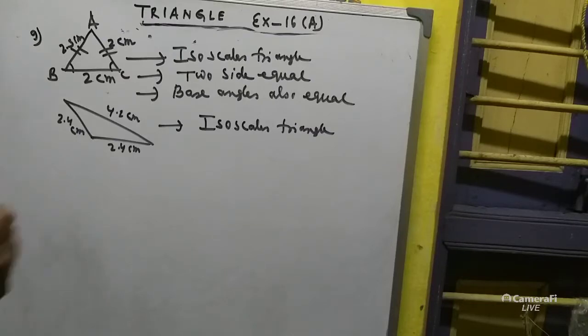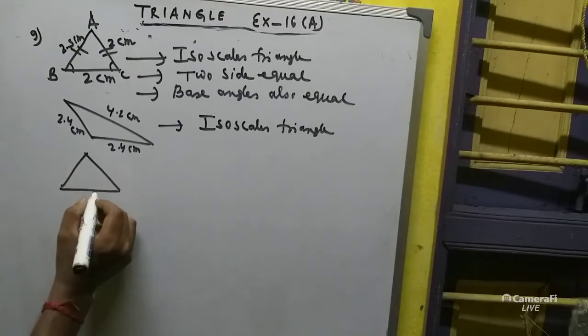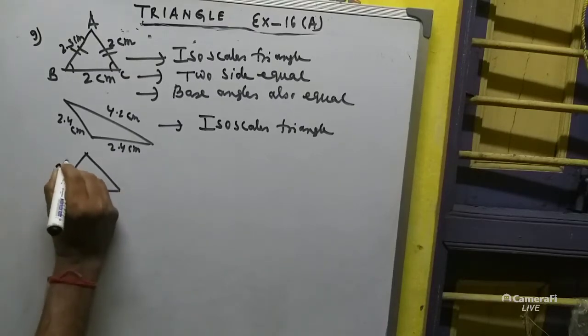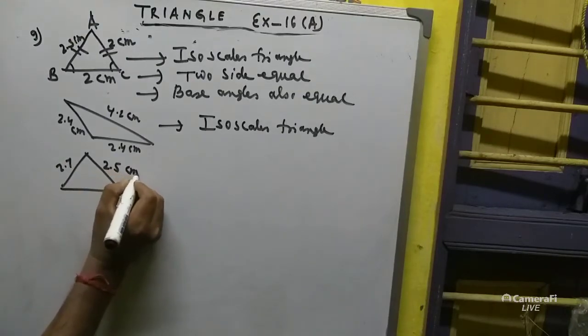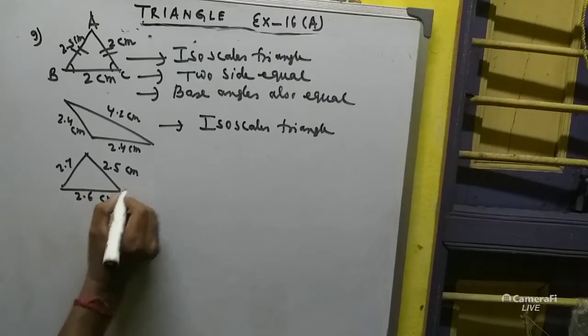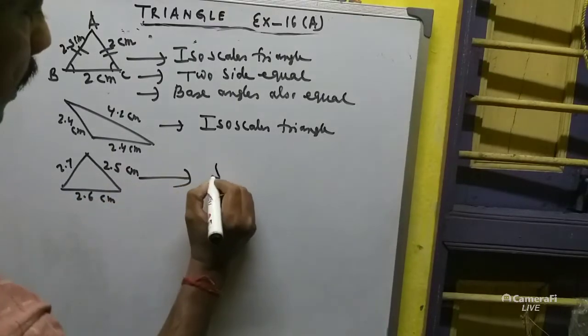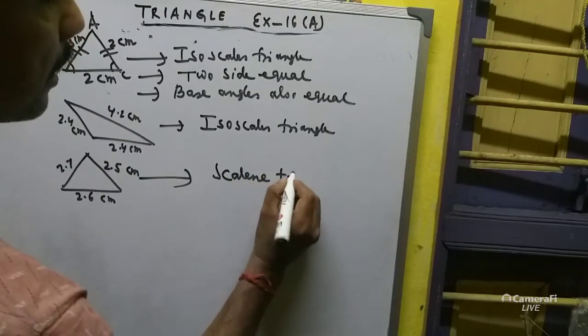Next one, this is 2.7, this one 2.5 centimeter, and this one 2.6. So this is called a scalene triangle.